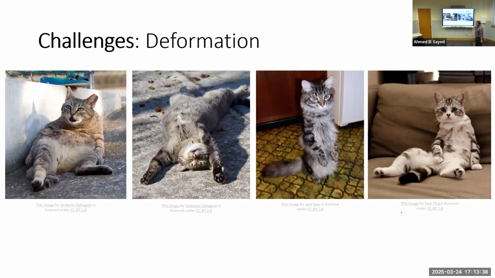Deformation, which is one of the biggest challenges we are facing in computer vision problems. If you have an object and this object can change, okay? Here, this cat can have this position, can be in this position, or this position. So traditional methods can't find the cat in this case.